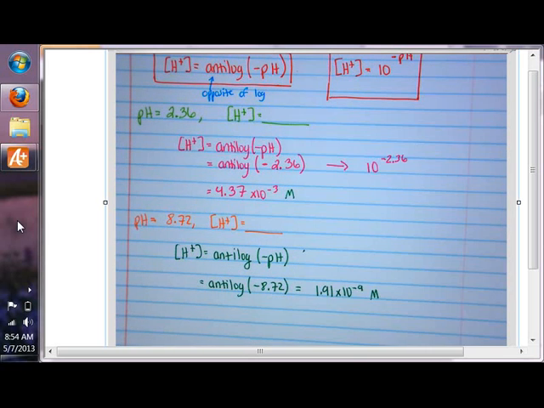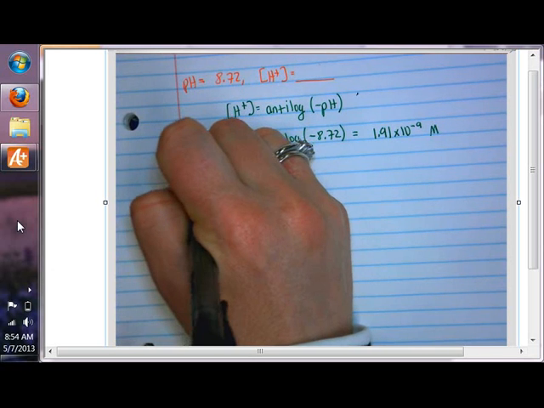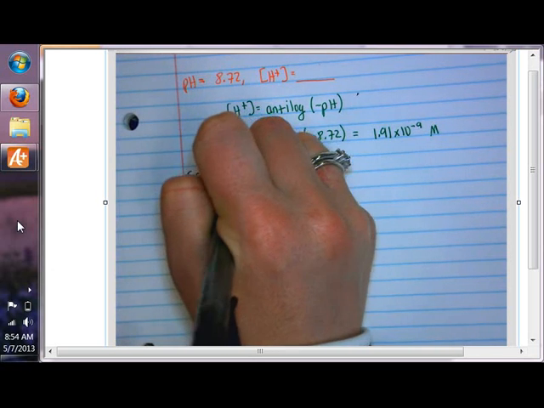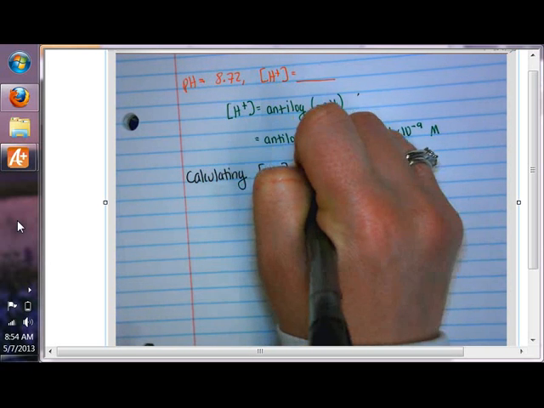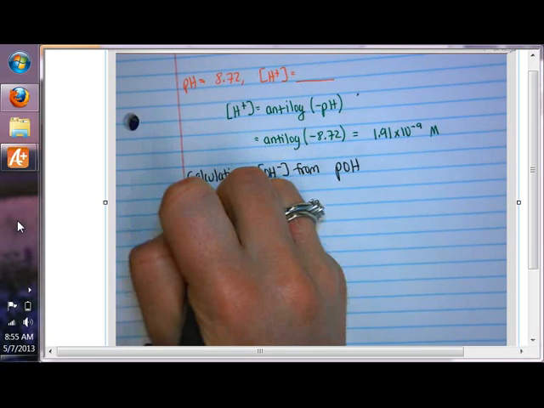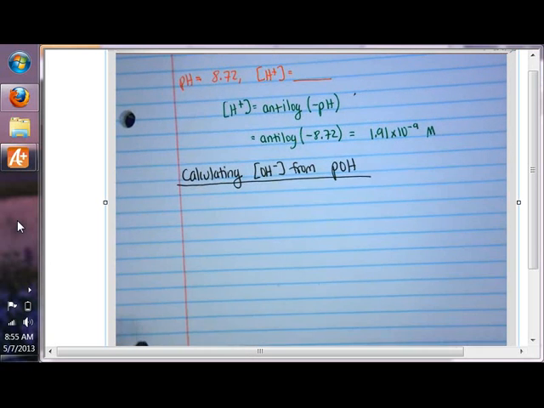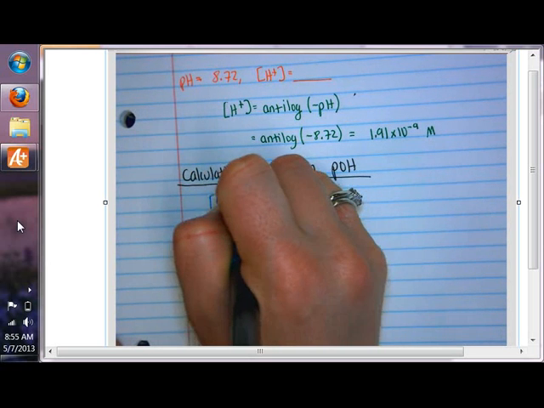Okay, I'm going to do the pOH right now. Just going to do one example for this. Calculating the concentration of hydroxide from pOH. And the formula, it's exactly the same.